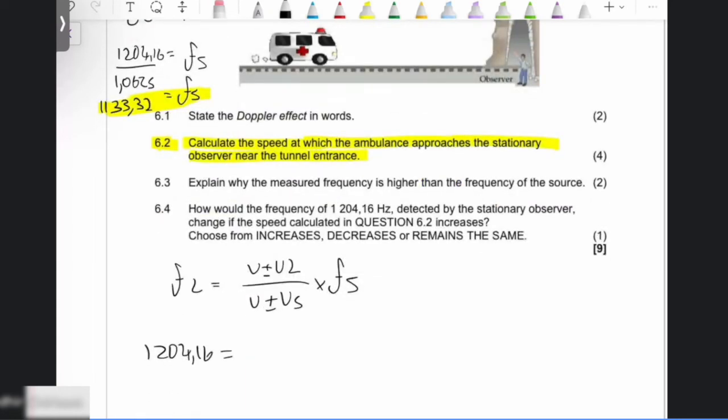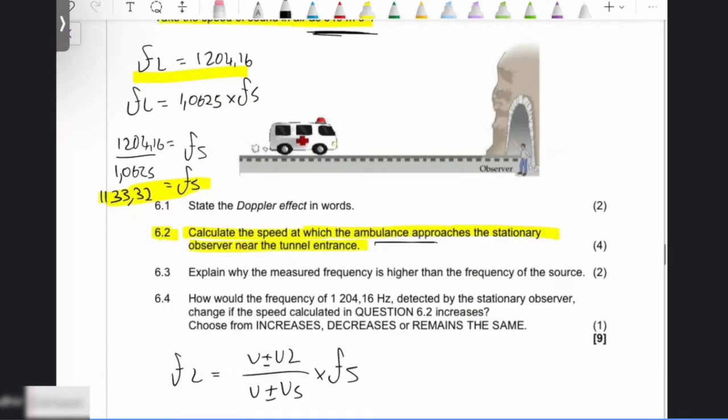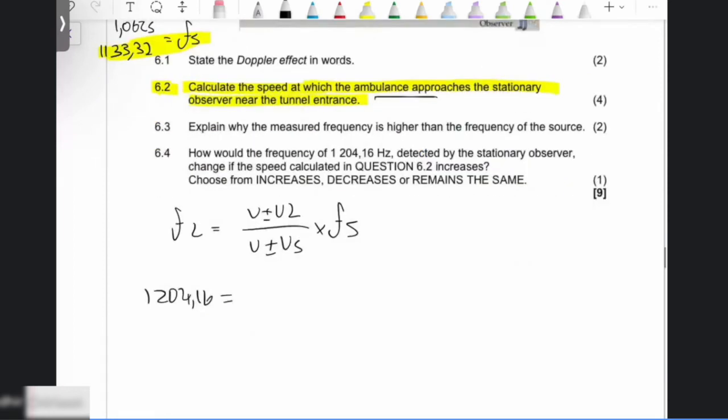Velocity of the actual ambulance is what we need to calculate. They told us to take the velocity of sound in air to be 340. The listener is not moving, so that just stays there. The source is approaching, so this must become a negative at the bottom. So this is going to be 340 minus the velocity of the source, which is what we want to calculate, times the 1133.32.